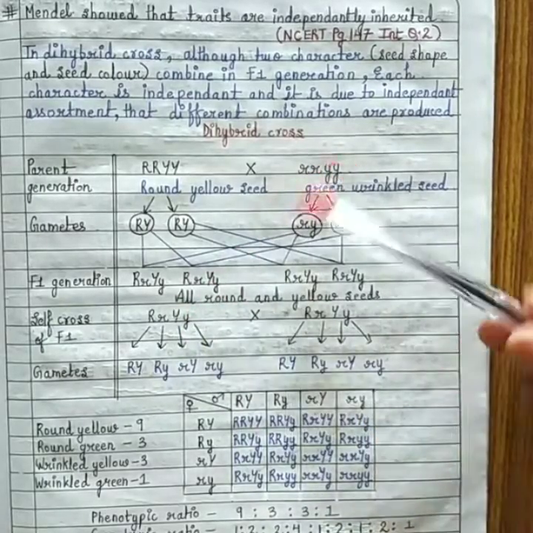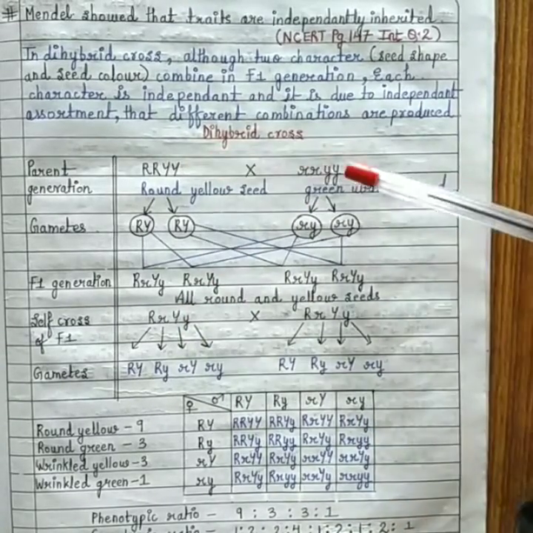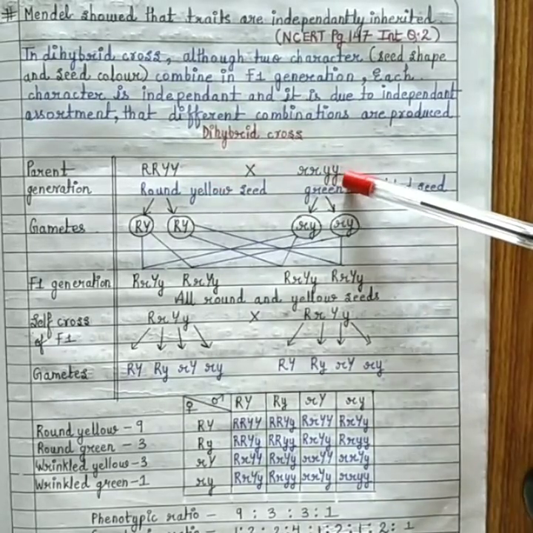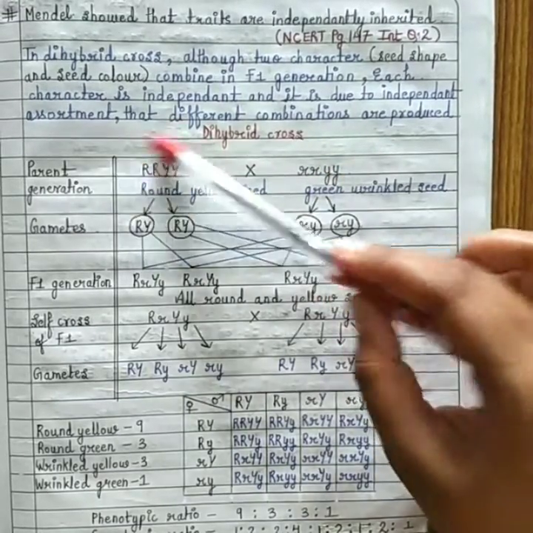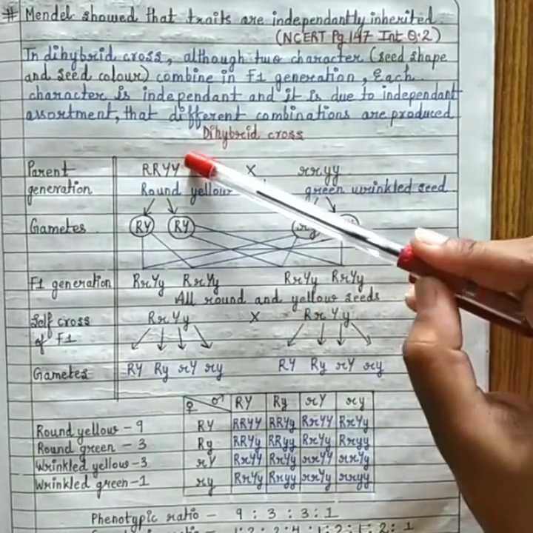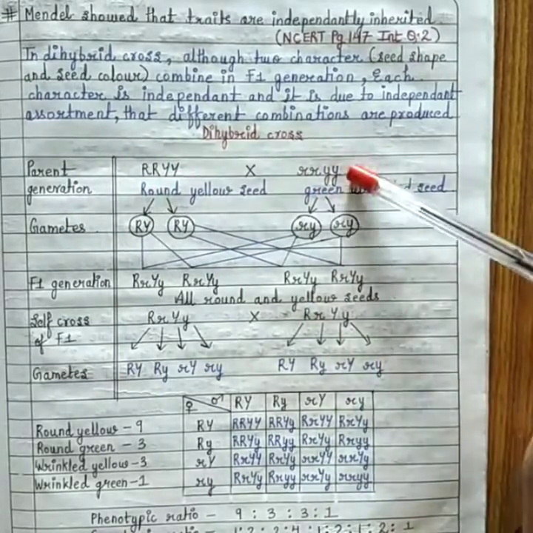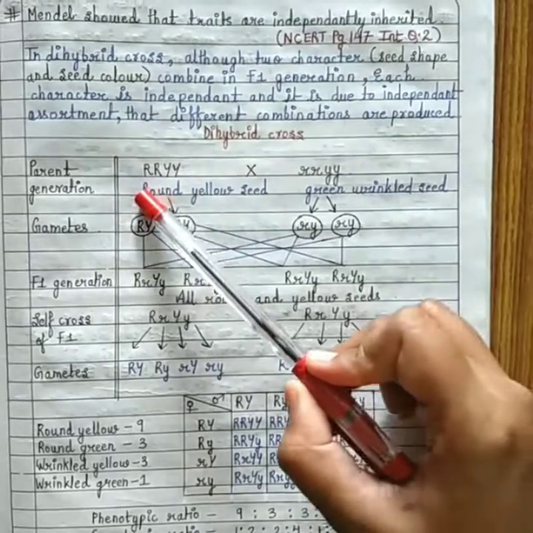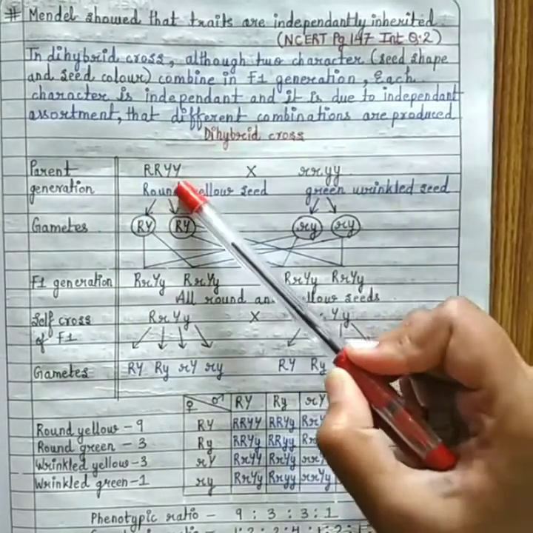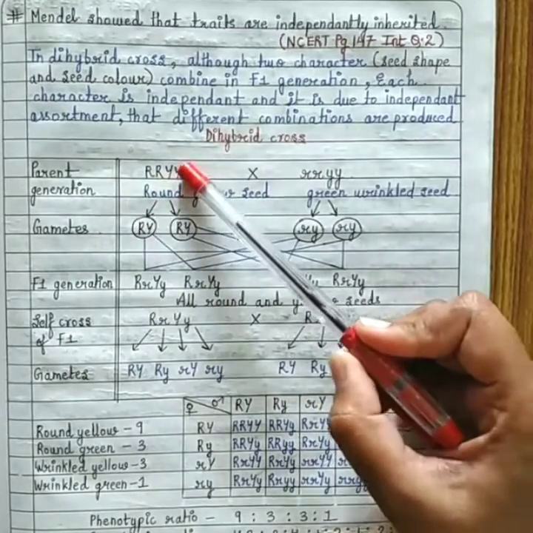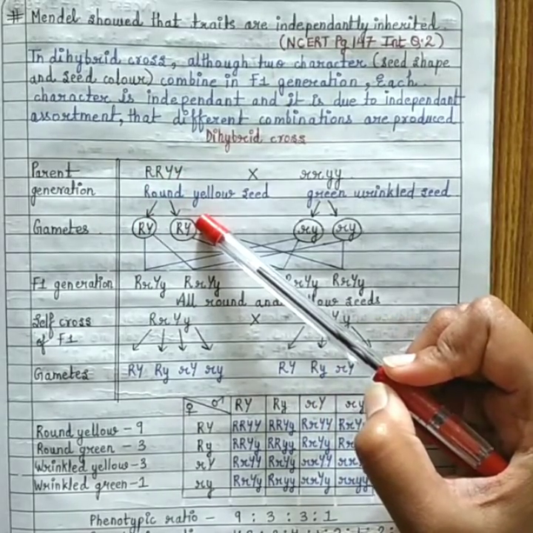Now let's try and understand. Round and yellow seed को cross किया गया with green and wrinkled seed. So there are two characters we are considering. Now this is the parent generation जिसकी हम पहली बार crossing करा रहे हैं. Now they will start forming gametes क्योंकि crossing से पहले gametes बनना is very important. So now capital R, capital Y and capital R, capital Y. Don't get confused कि capital R one side and capital Y one side.